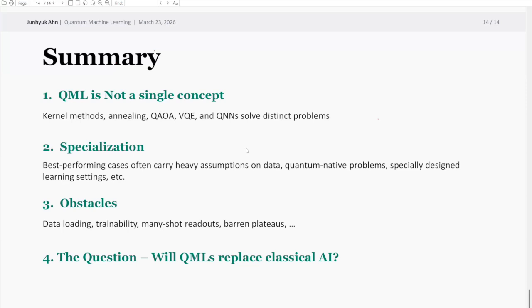So the core question for learners who are wondering what QML is would be this. Would QML drastically improve machine learning processes? Would we see, as in sci-fi novels, quantum computers replacing machine learning, so that maybe quantum computers will run ChatGPT in one nanosecond? Will that happen? Right now, I think that's a wrongly posed question.